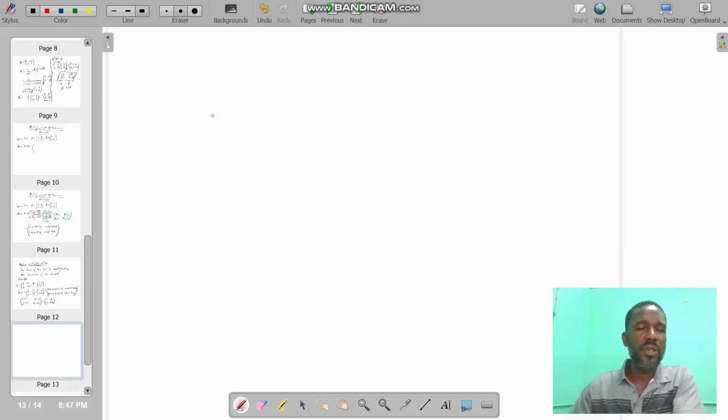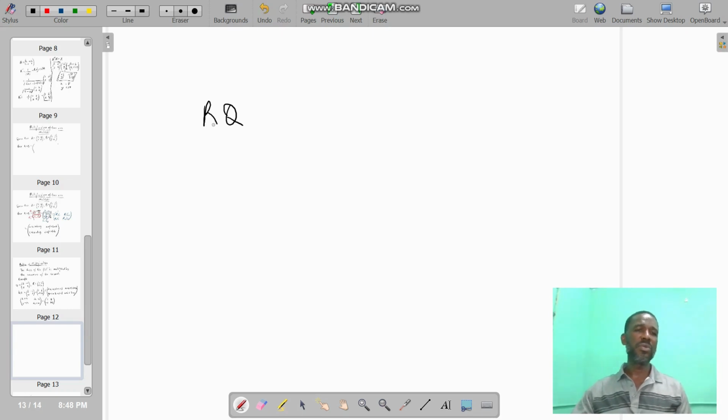Now that you are able to see how we multiply matrices, try this matrix multiplication, R times Q. We just did QR.